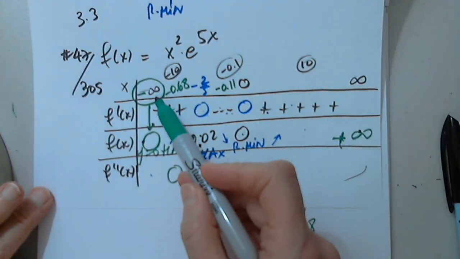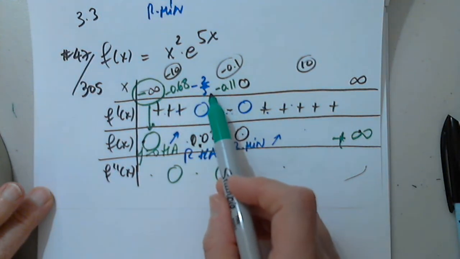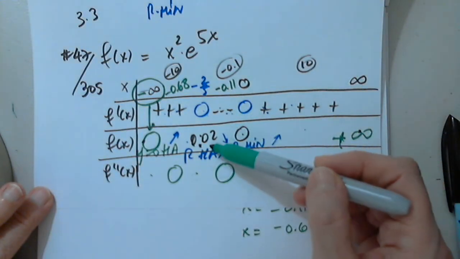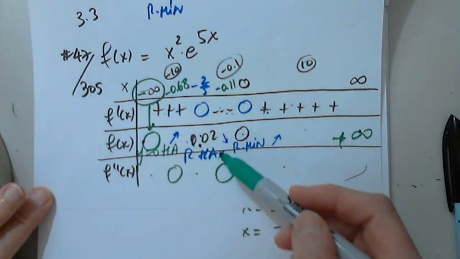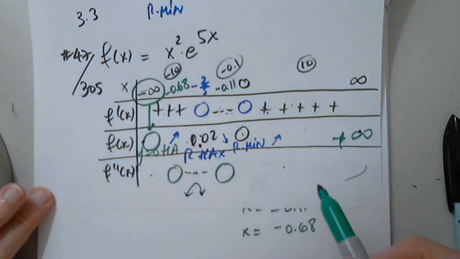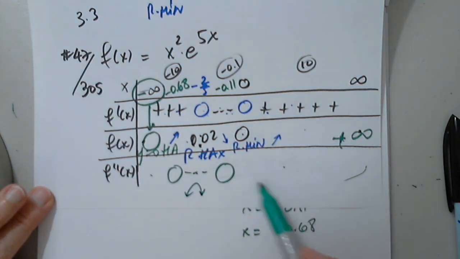If there is a relative max, then the second derivative has to be negative. If there is a critical number here and it has a relative min, the function has to look like this.